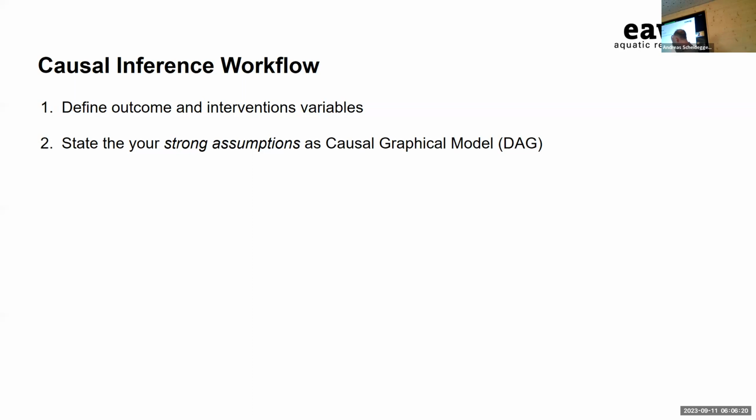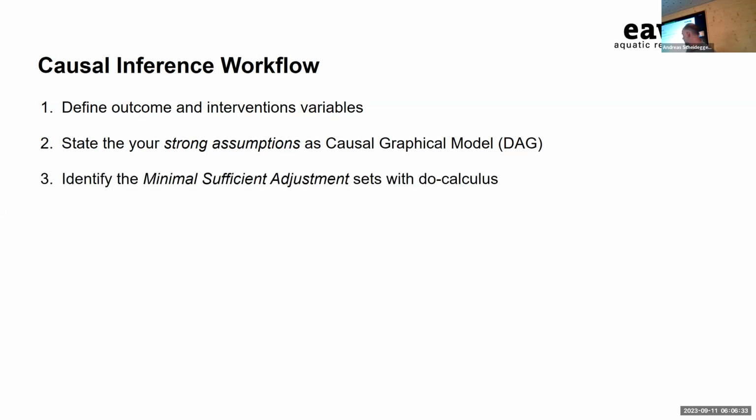And what is called the strong assumption, strong in the sense that we say there is some dependency, I don't know what it looks like, but the really strong assumption is that I think this dependency does not exist. Once I do this, I get my minimal sufficient adjustment sets. I pick some based on practical constraints, such as data availability.